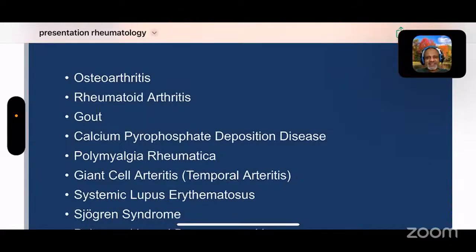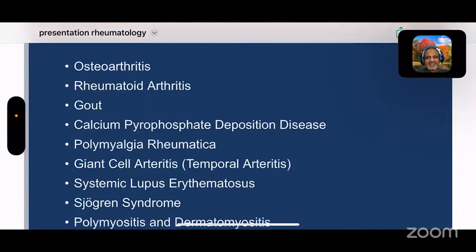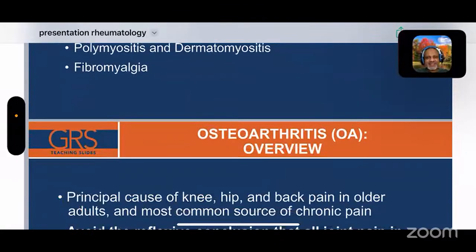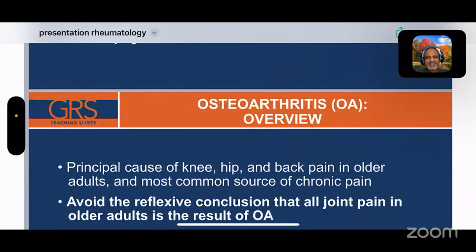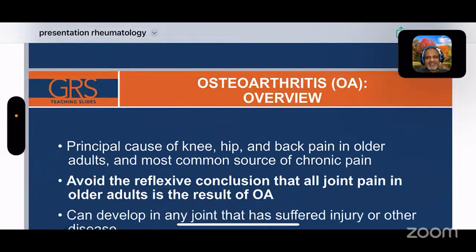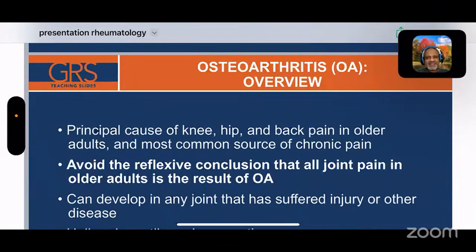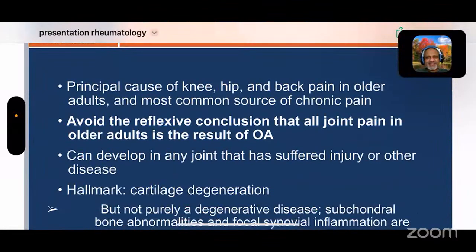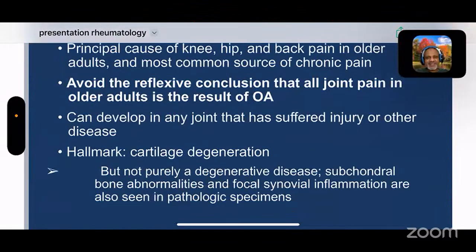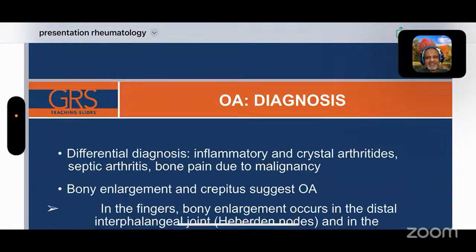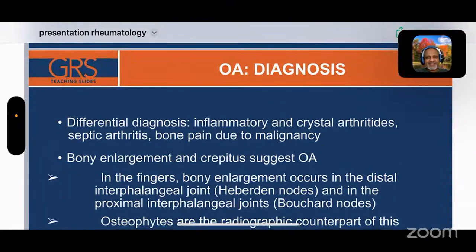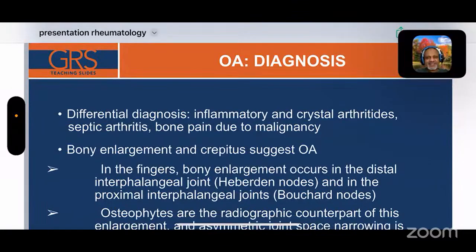The differential diagnosis of osteoarthritis is varied. Advanced imaging like MRI is generally not indicated. By detailed history, good examination, and X-ray, we can reach the diagnosis of osteoarthritis. This is an example of radiological findings in osteoarthritis. In the left image, we can see that there is decreased joint space in the knee.